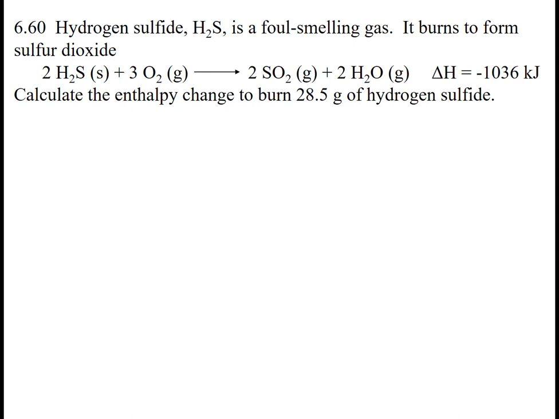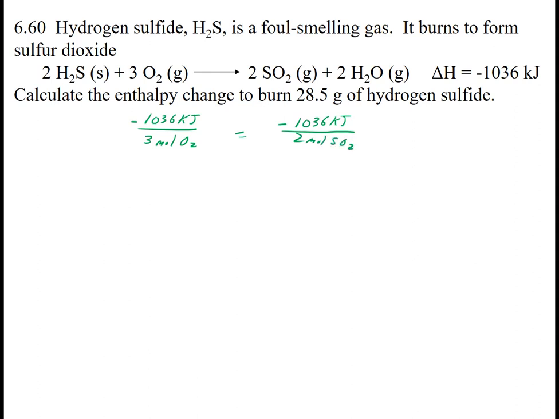So I can say that, just to relate two of these, that I have negative 1036 kilojoules per 3 moles of O2, and that's equal to a negative 1036 kilojoules per 2 moles of SO2 for this equation.